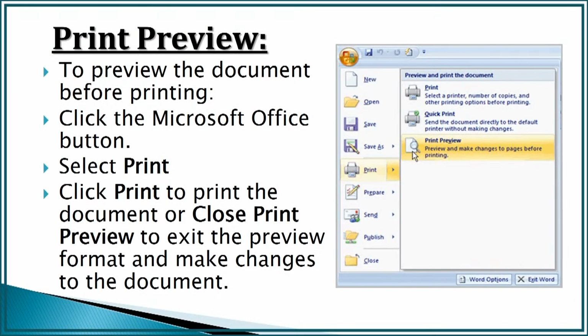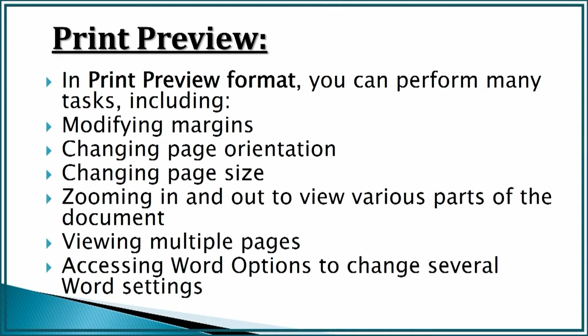Next we have print preview. So we can also print the document. Before printing the document, we will see the print preview. We can do some changes in the print preview option. So in print preview format, we can perform many tasks like modifying the margin, changing page orientation, changing page size, zooming in and out to view various parts of the document, viewing multiple pages, accessing word options to change several word settings.